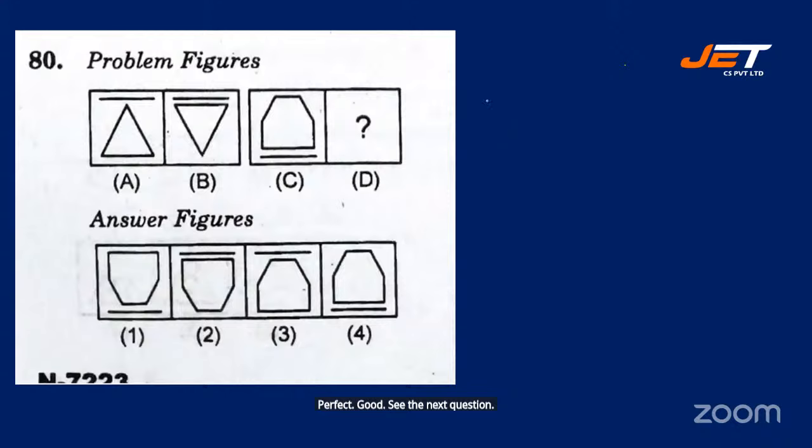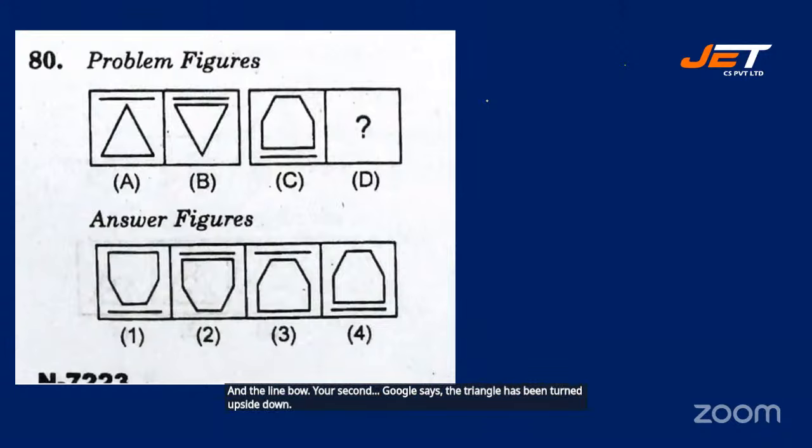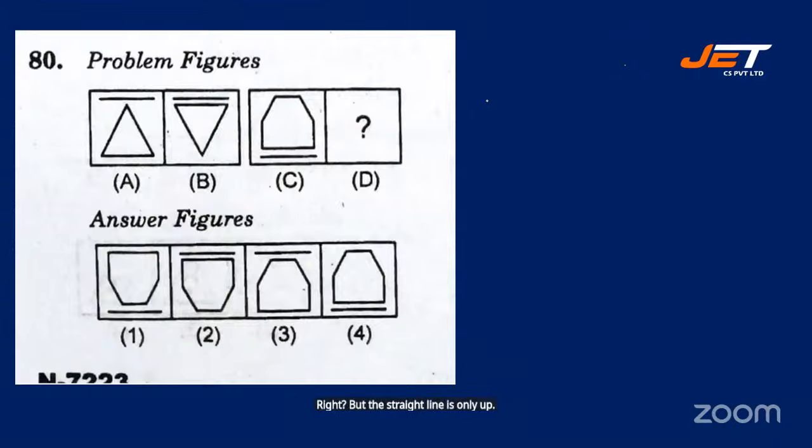See the next question. We have a triangle and a line above. Your second figure says the triangle has been turned upside down. But the straight line is only up. So here in C, we have 1, 2, 3. How many side figures we have?